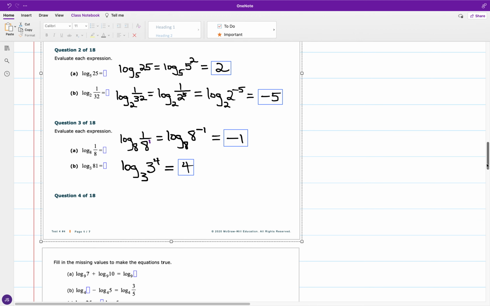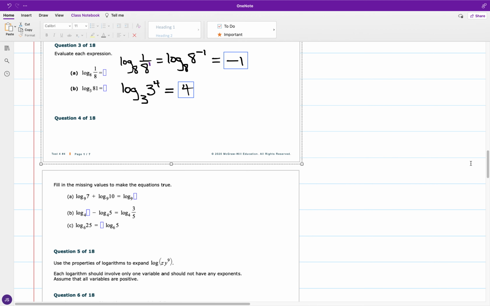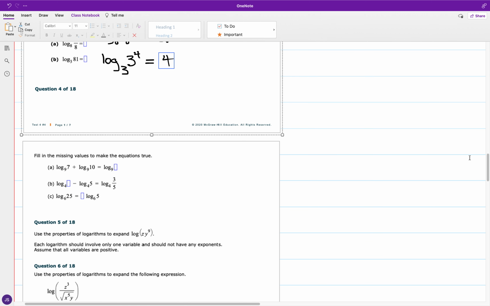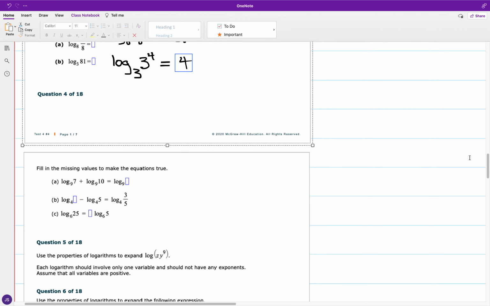Now for number 4, for these 3 parts, we're looking at missing values. For part A, we have the base 9 logarithm of 7 plus the base 9 logarithm of 10 equal to the base 9 logarithm of the value we're trying to determine.